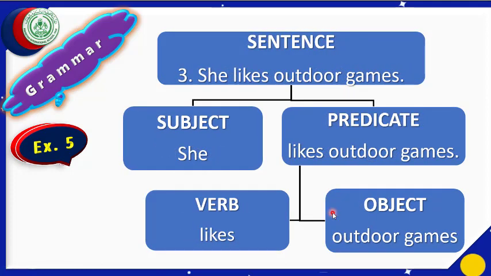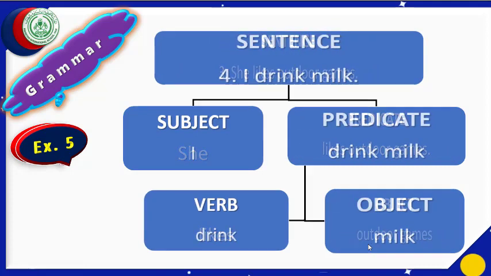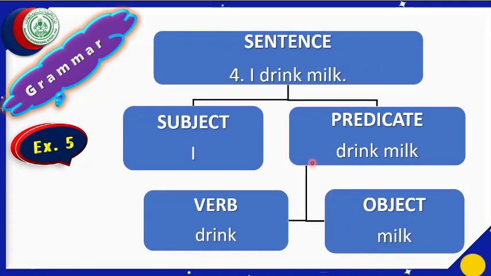Part number 3 says, she likes outdoor games. Subject is she, predicate is likes outdoor games, verb will be likes, and outdoor games will be the object of this sentence. Let us move to the next. This is part number 4. I drink milk. In this sentence, subject is I, drink milk is the predicate.